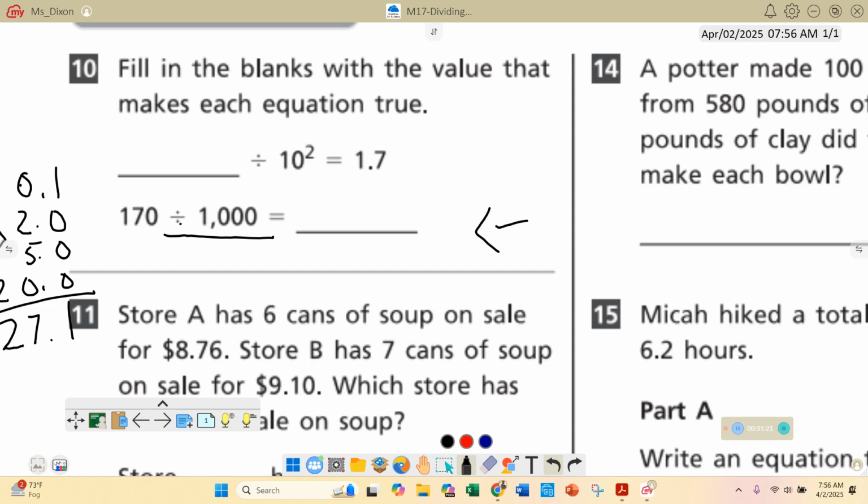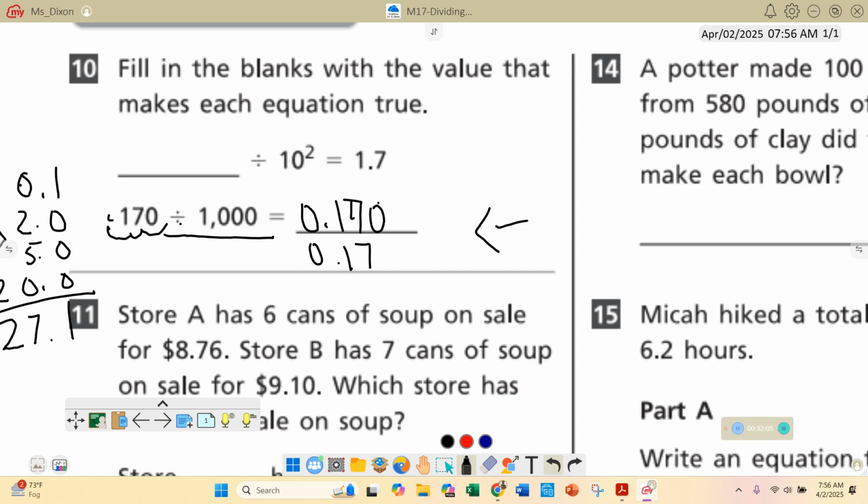When you are dividing by that whole number, we're going to move to the left the number of zeros or the exponents. So 10 to the 3rd, we would move to the left 3 places. So that would be 1, 2, 3, which is going to put our decimal in the front. So our answer will be 170,000. You could also put 1,700. Both of those are equivalent.